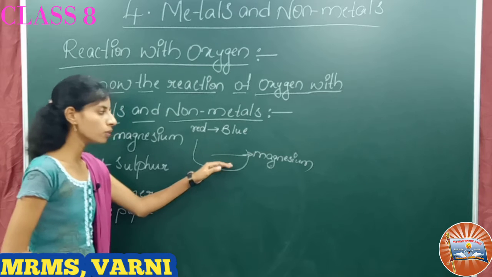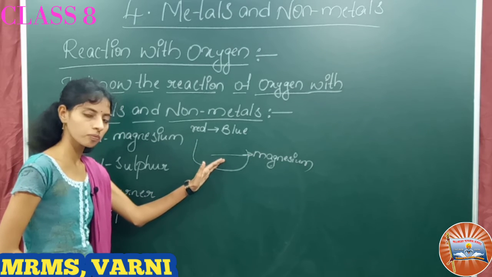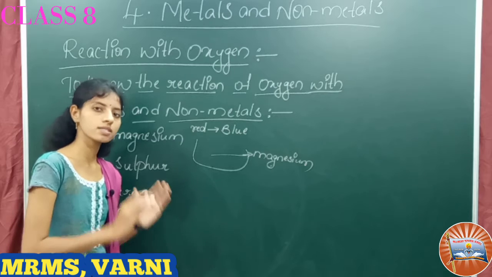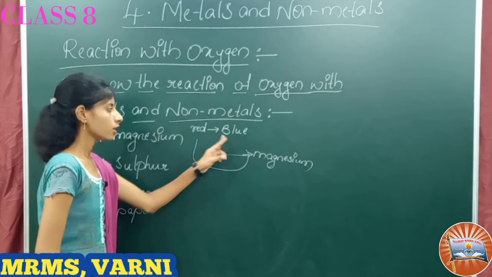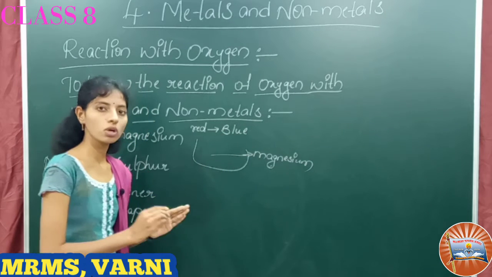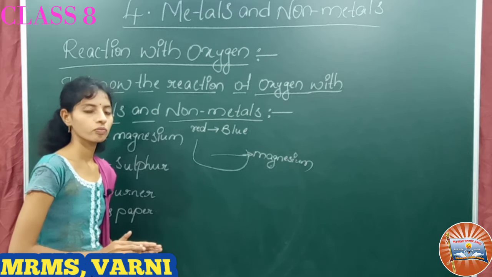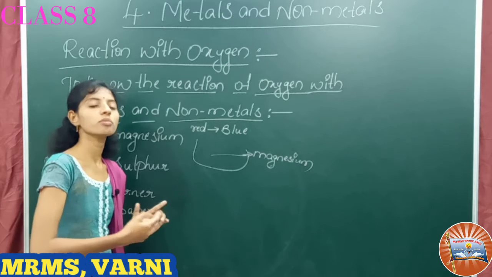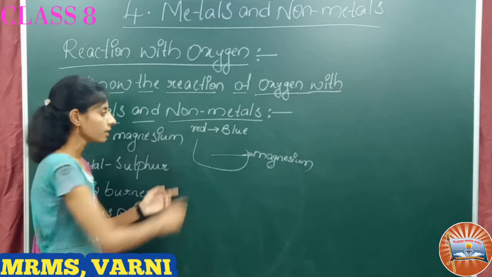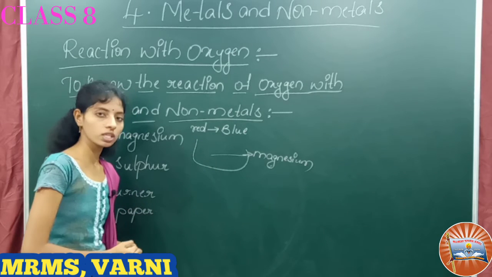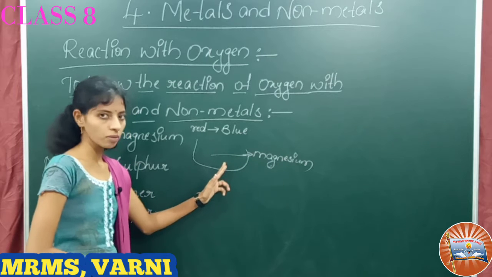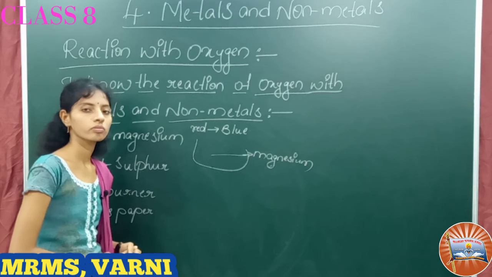When we keep the blue litmus paper in this solution, it remains the same; the blue litmus paper does not change its color. Yes, the blue litmus paper remains blue, but the red litmus paper changes into blue in the magnesium ash solution.